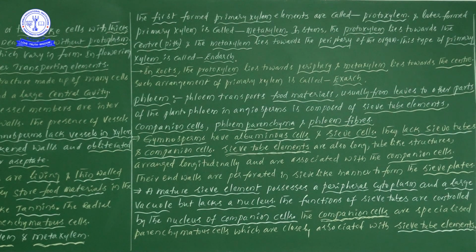So primary xylem is of 2 types: protoxylem and metaxylem.